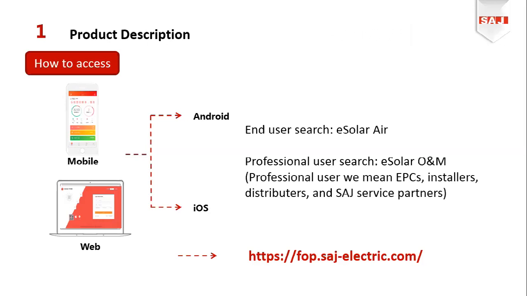Also, you can download the app. For iOS, you can go to the Apple Store to download, and for Android smartphones, you can download eSolar Air from Google Play.